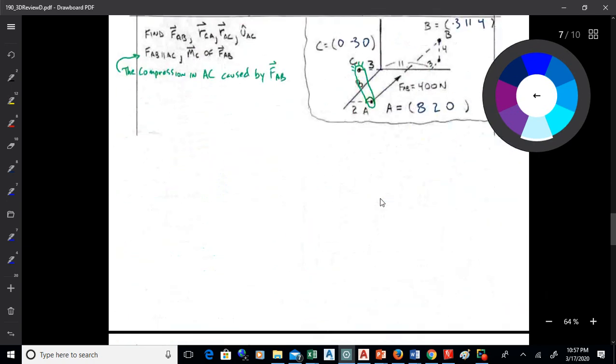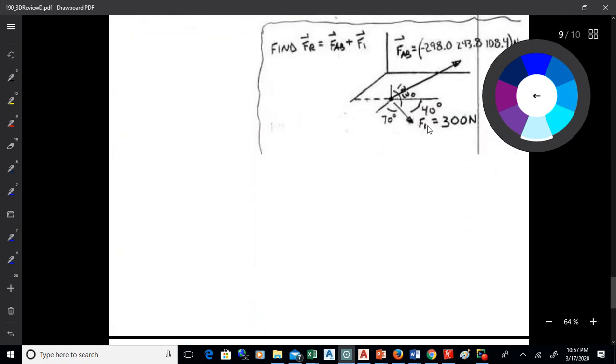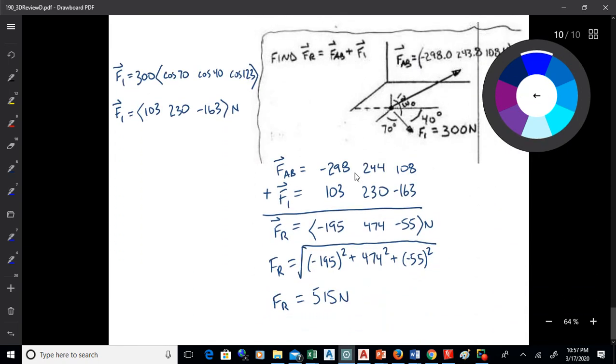Okay, last little thing I was wanting to do, or I did on this at the bottom, was just find the resultant of a couple of vectors there. So we got one vector spec'd out by angles, then I just gave you what FAB is, just to kind of go through an example of a resultant there. So to find F1, you take the 300 newtons times the unit vector, which is found by taking the cosine of the 3 angles that the vector makes with the x, y, and z axes.